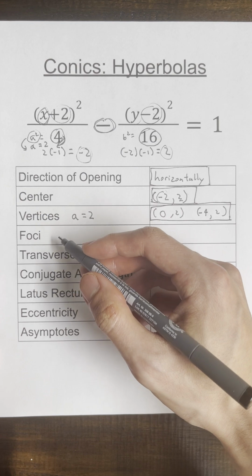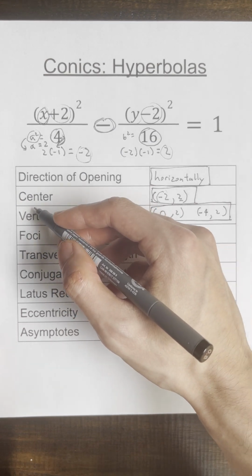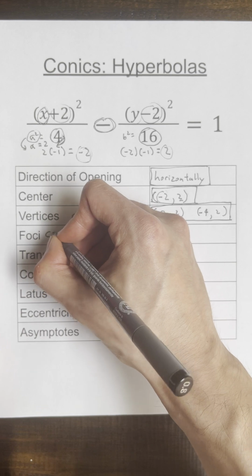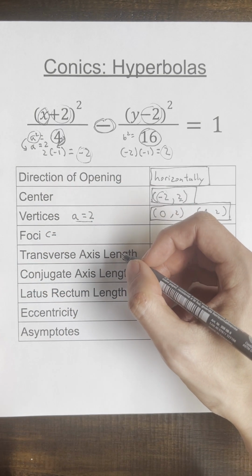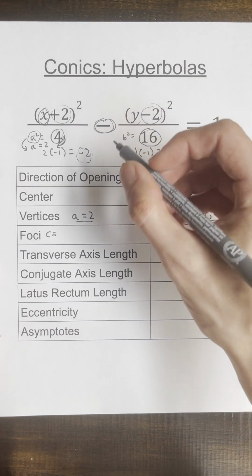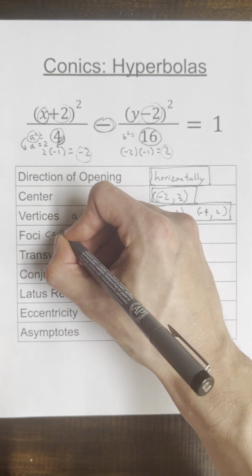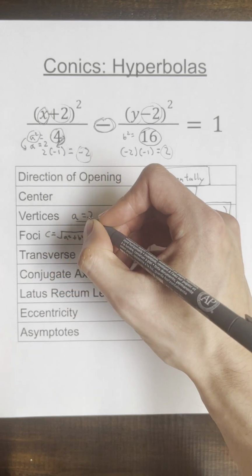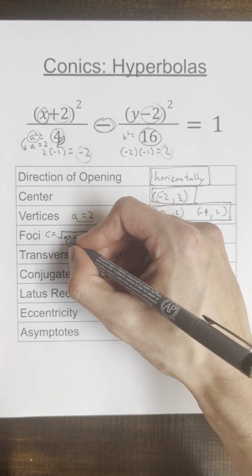With foci, it's the same idea as vertices, except instead of using A, you need to use C. What's the formula for C? With the hyperbola, the formula for C is the square root of A squared plus B squared. And what's A squared equal to?